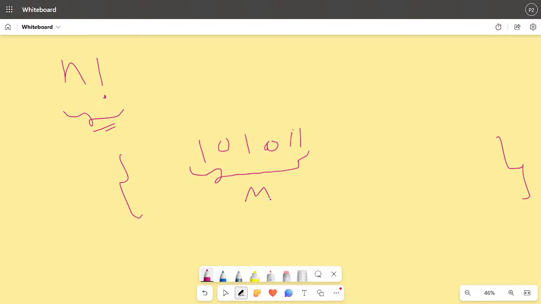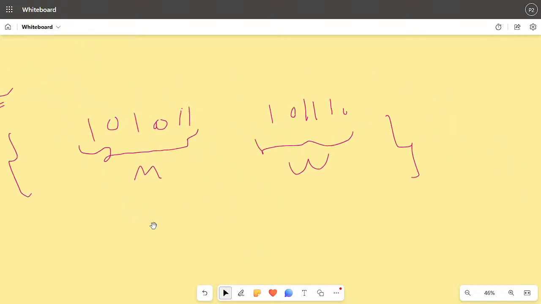Similarly, I can do this for women also. Suppose I am making this pair and I am saying that I took these men and these women, and I am asking in how many ways I can pair them up.